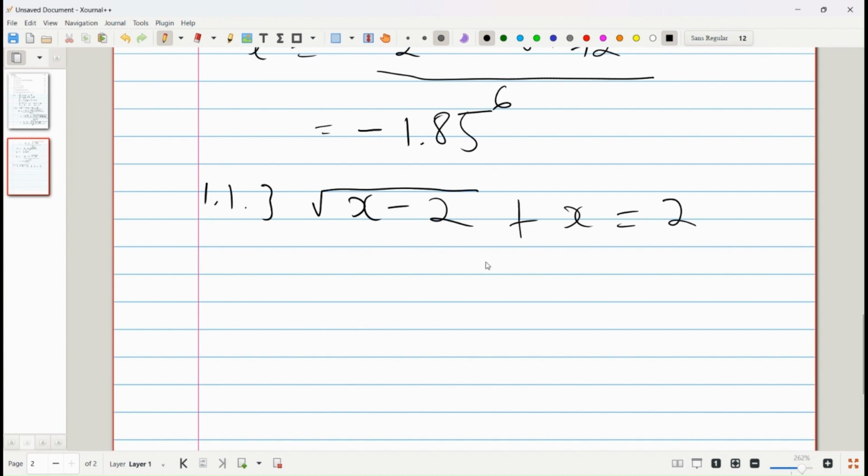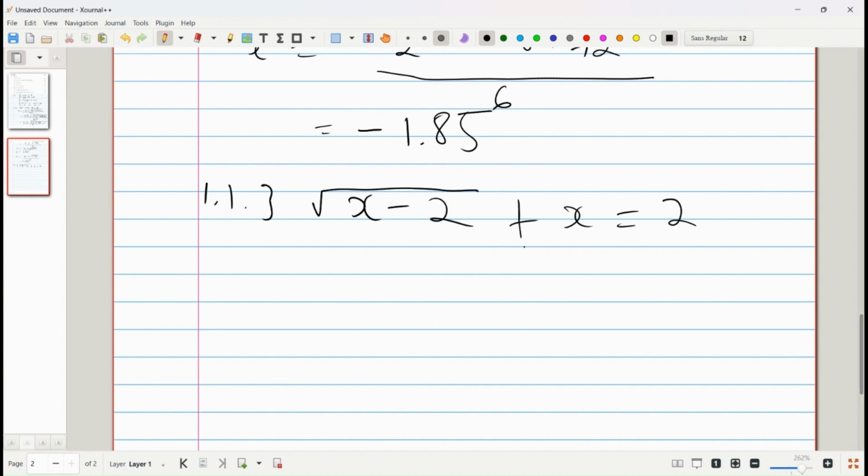So for this one, since you have a square root here, you need to get rid of this square root. But now you have x here, that's adding to this square root. You need to bring this x to the left hand side, right?